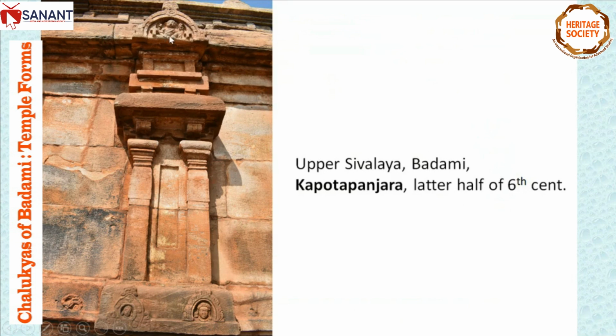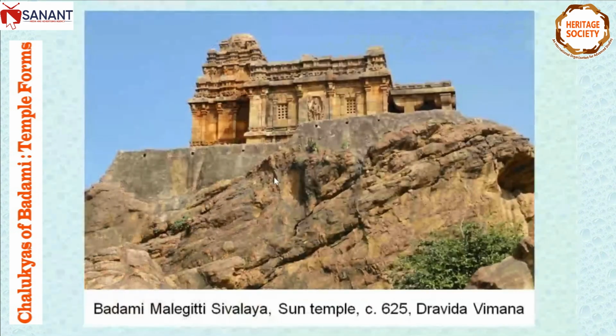So this is the Kapota part, and it is actually carved here. It forms part of this particular aedicule, you can see. This is a very interesting feature which is not repeated in other Chalukyan temples. That's why I have shown you.